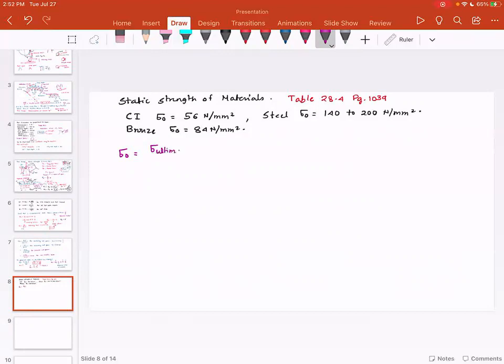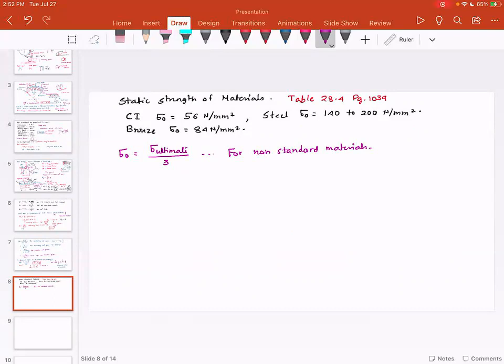Sigma ultimate divided by 3 is given as sigma O, for non-standard materials.